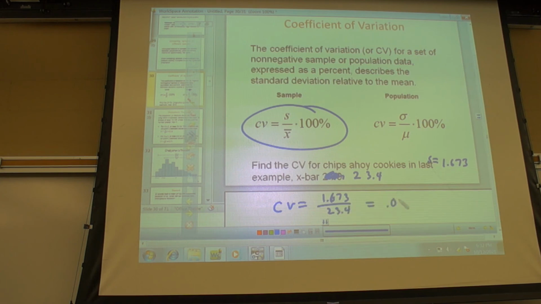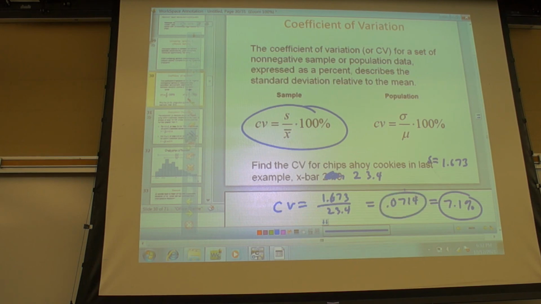0.07. Give me one more decimal place at least. Okay, 0.0714. So you would say, as a percent, 7.1% would be fine. So you can leave it like this. I'm okay with that.